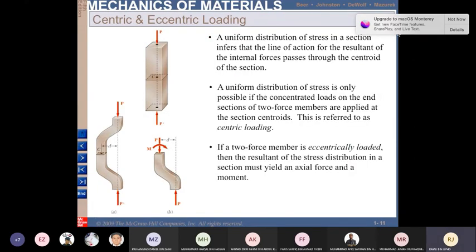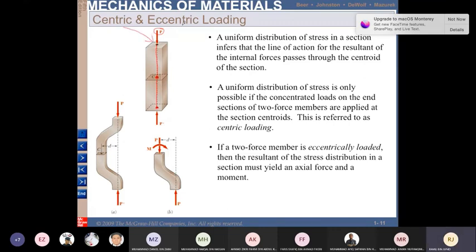This is centric and eccentric loading. For centric loading, the load is straight to the center. The axis of the load is passing through the center. This is centric.